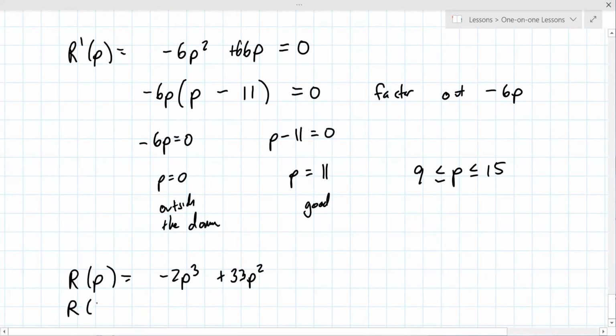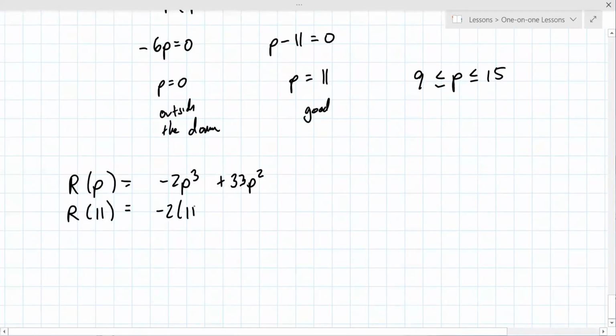We want to find the revenue at price equal to 11: minus 2 times 11 cubed plus 33 times 11 squared. And we should get that number. 1331.